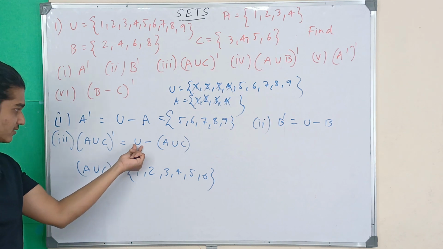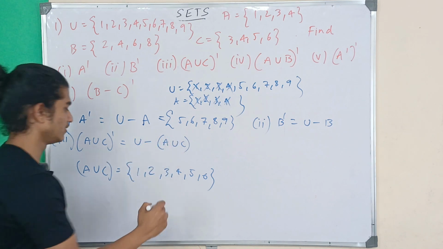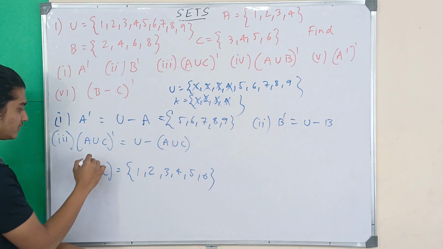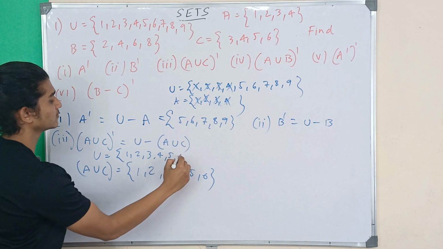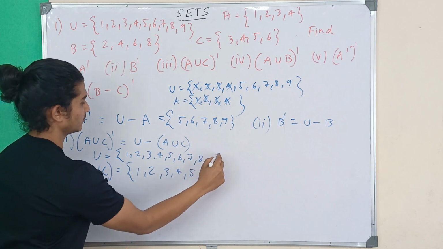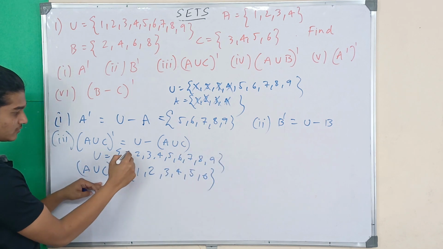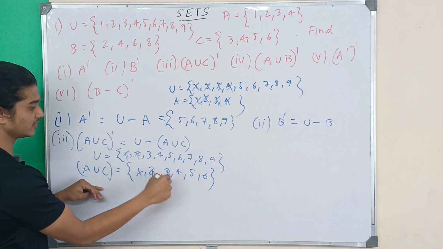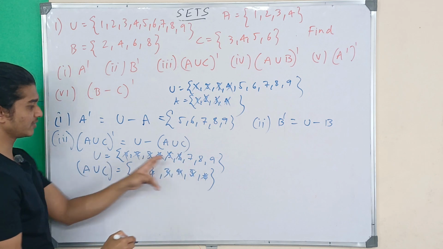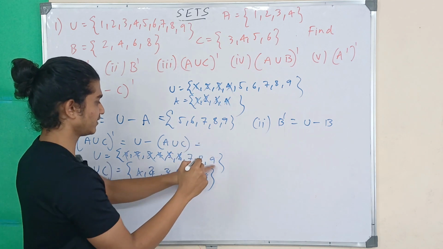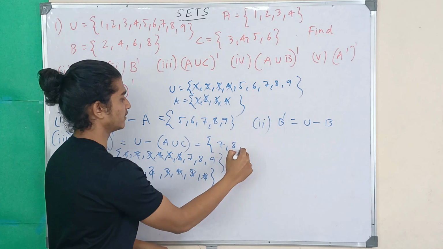So you're supposed to subtract this from this set. This is your A union C set. Your universal set is 1 2 3 4 5 6 7 8 9. So remove this from this: 1, 2, 3, 4, 5, 6 get removed. The rest of the elements, just list them over here: 7 8 9.